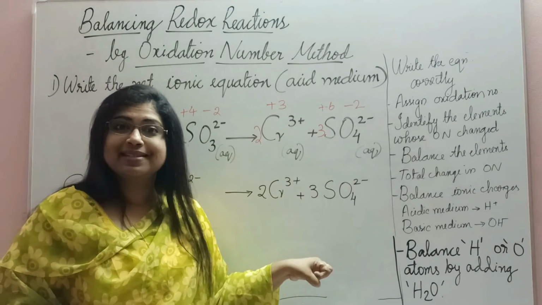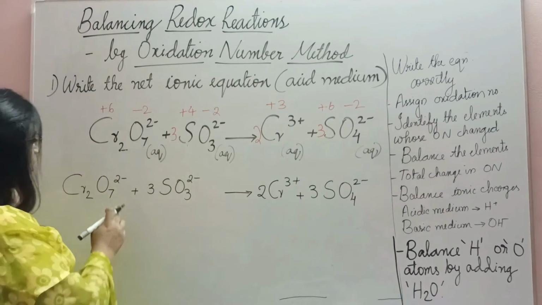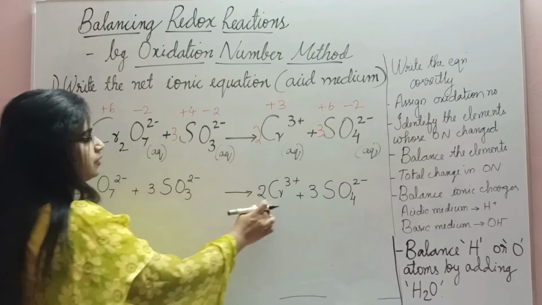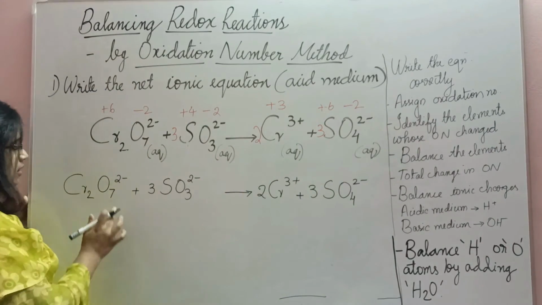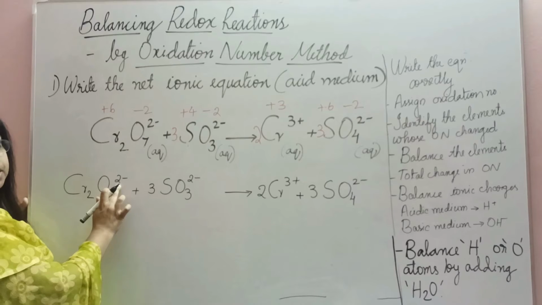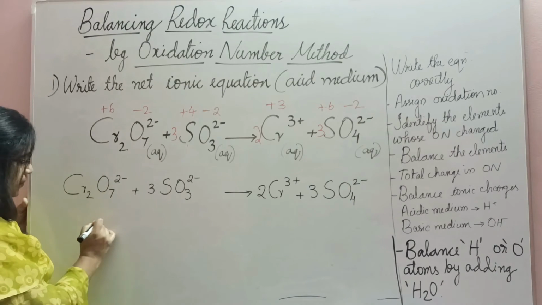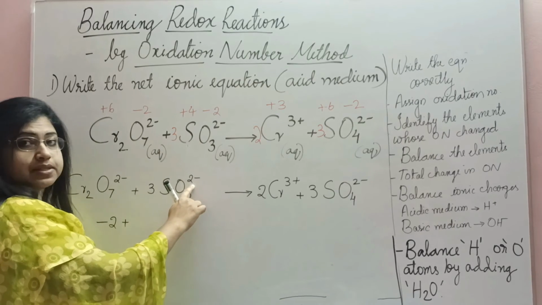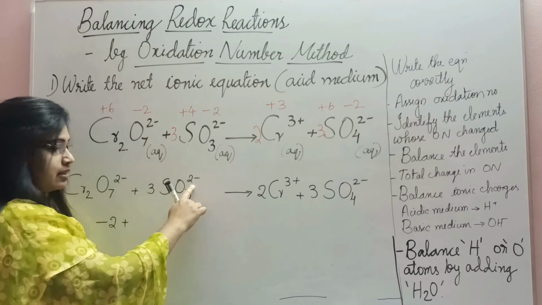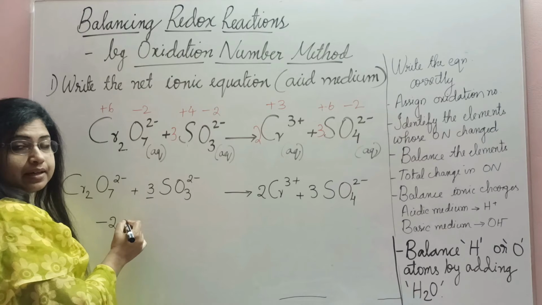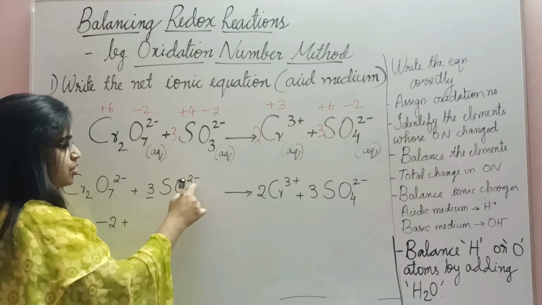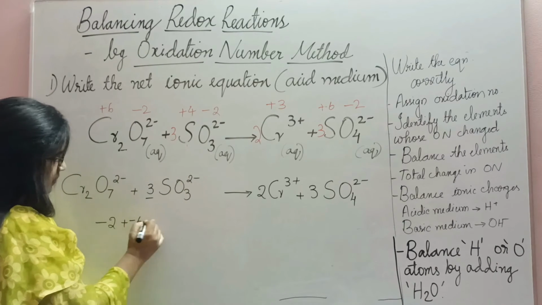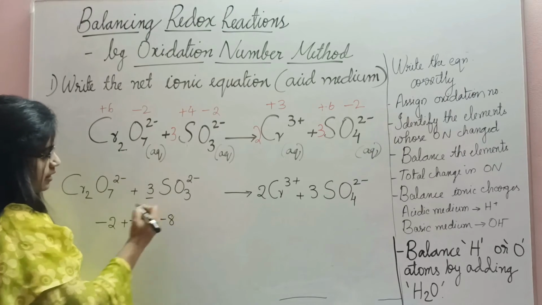So how can we balance ionic charges? Let's see. Here, all the 4 species are ions. Here, the charge of the ion is -2 plus. Here the charge of the sulfide radical is 2 minus, but there are 3 sulfide radicals. So 3 into 2 minus, that is -6. So total it is -8.